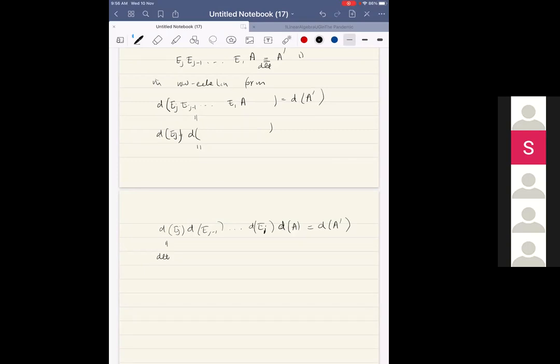On the other hand, the same thing holds for det, because det satisfies properties 1 to 3. So this is equal to det of Ej A.